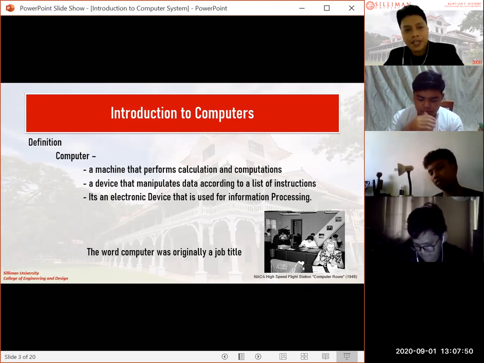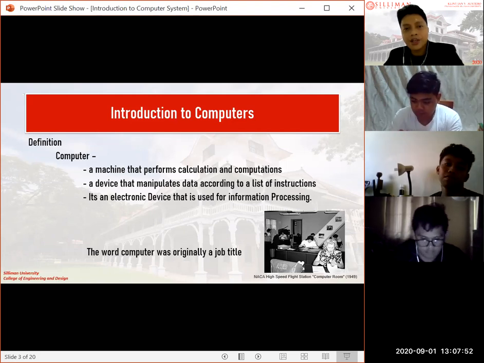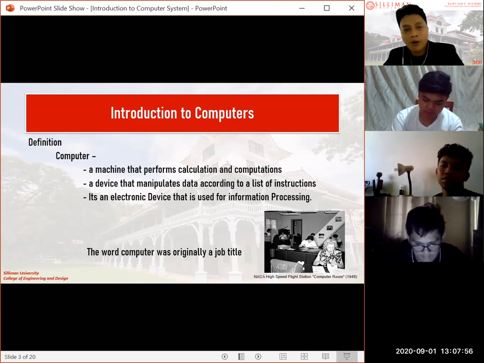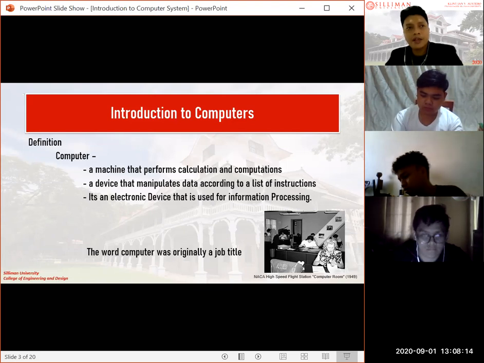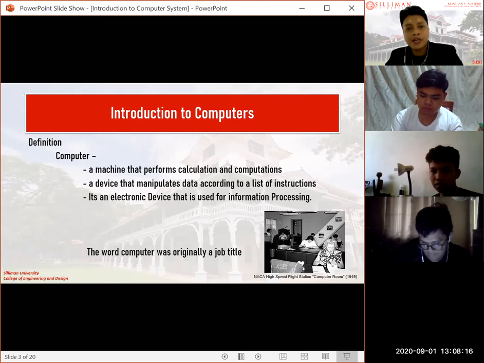It is an electronic device that is used for information processing. It transforms data and processes it into what we call information. So again, data is raw data. These are values of ones and zeros or any calculations, computations, numbers. Then it is processed and it becomes information which we humans understand.